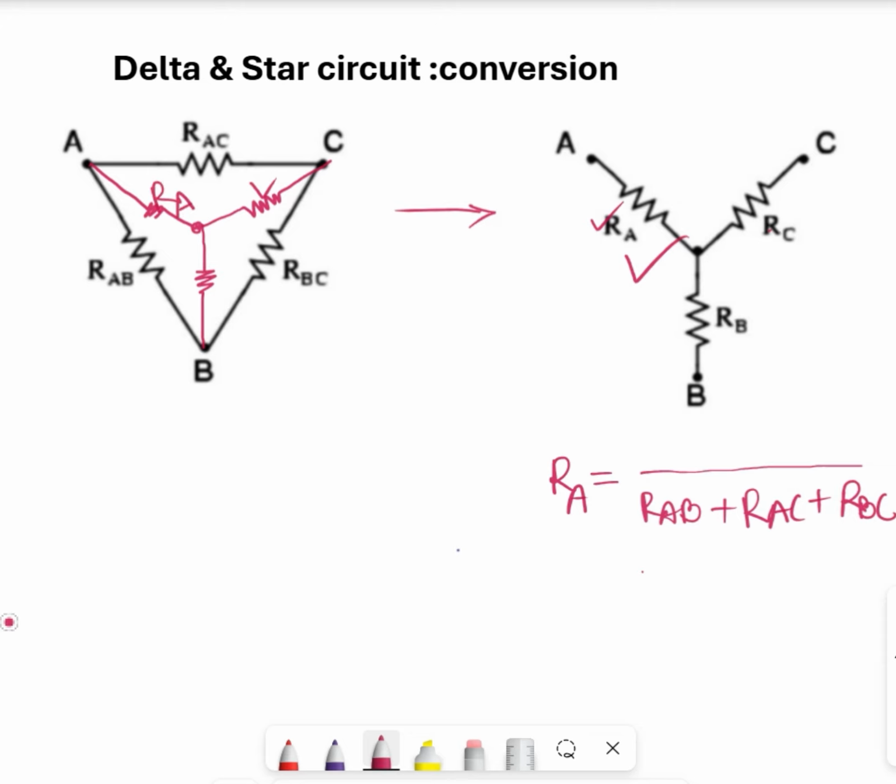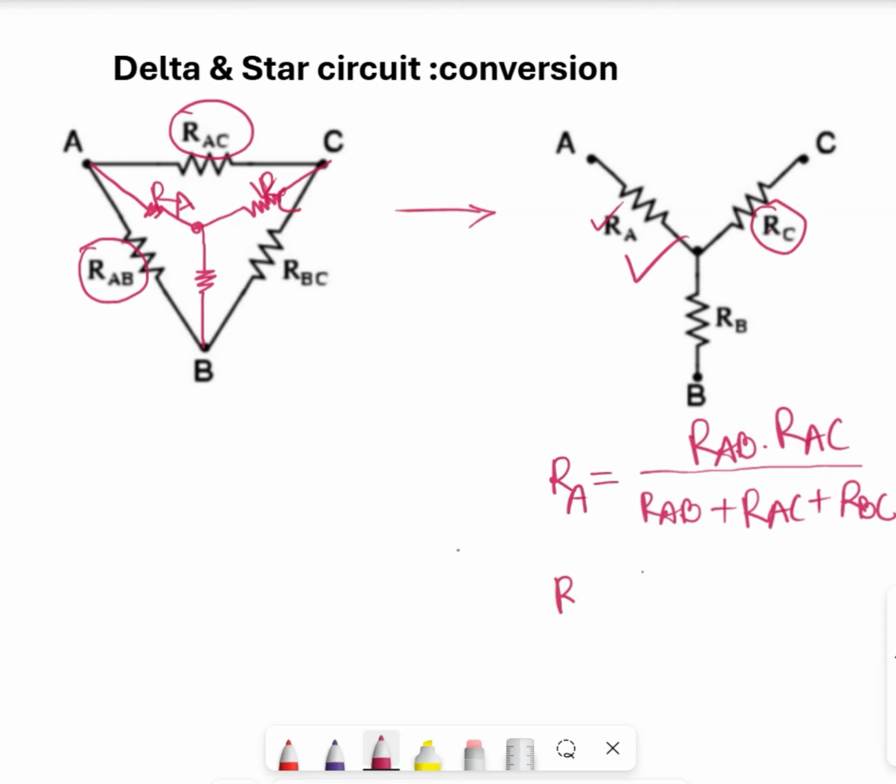For RA, the two resistors beside it have to be taken into account. One is RAC, another one is RAB. So here we need to write down RAB multiplied with RAC. Let's give another example. Let's write down RC. Which one is RC? This one is RC.